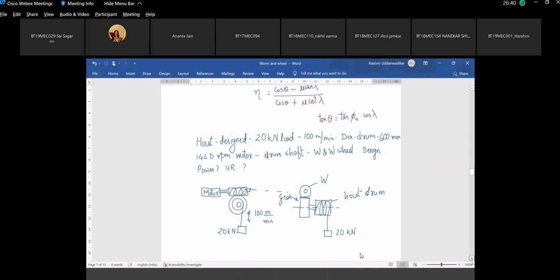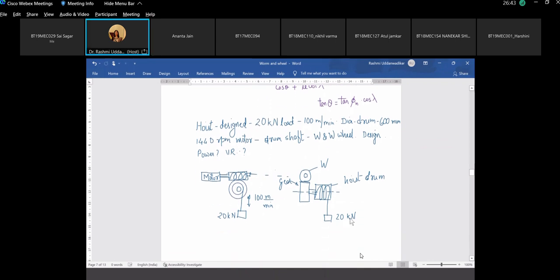So what is the power required to lift 20 kilonewton load at 100 meter per minute? What would be the power required here? F into V. So this is 20 kilonewton into 100 meter per minute. If you convert this into per second, you will get the answer in kilowatt.